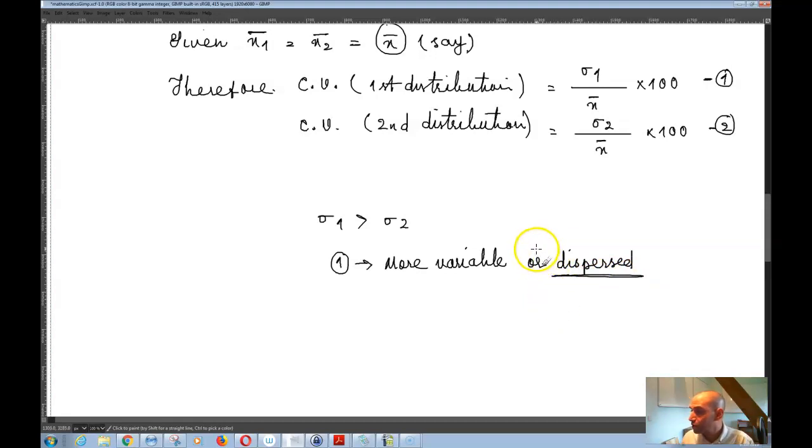Also the series with lesser value of standard deviation or variance is said to be more consistent than the other. In the same situation, we can call it more consistent, because the variability is lower there, compared to the other one.